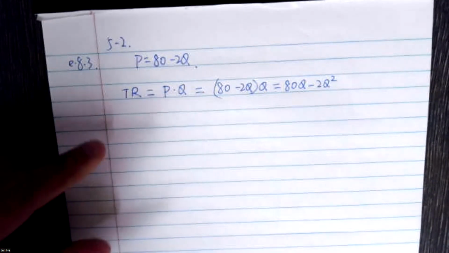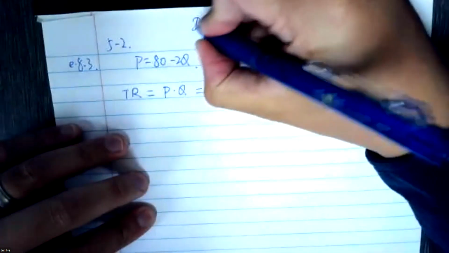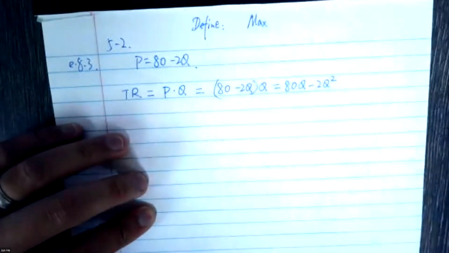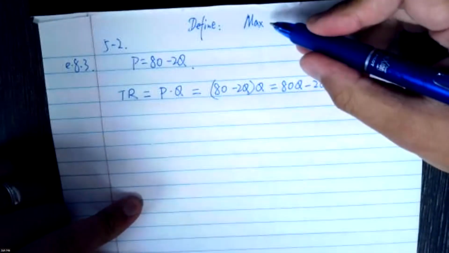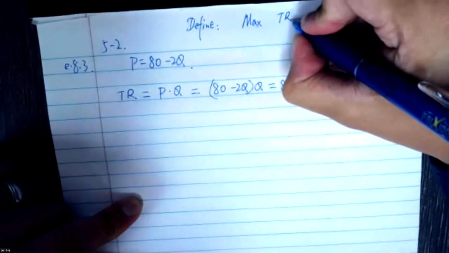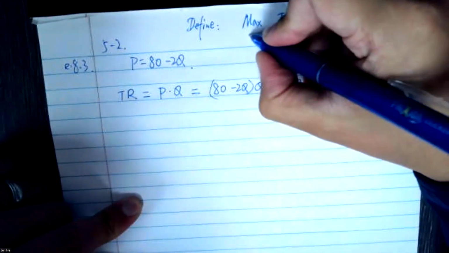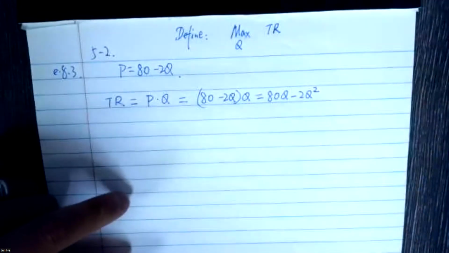All right, so here I add something which is to define an optimization problem. Here we need to maximize total revenue by choosing quantity.